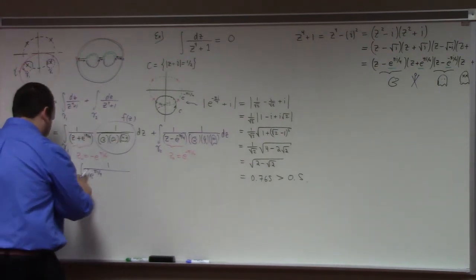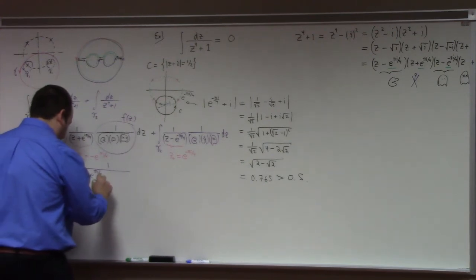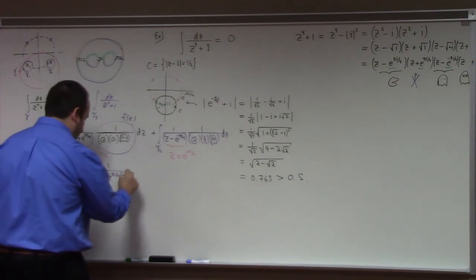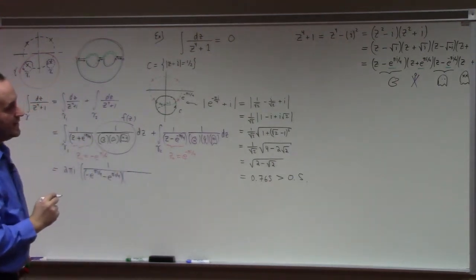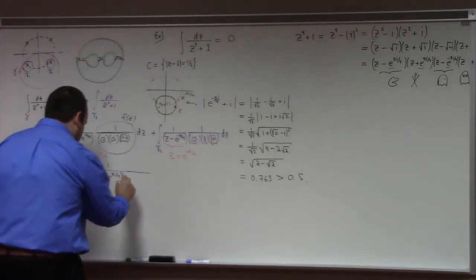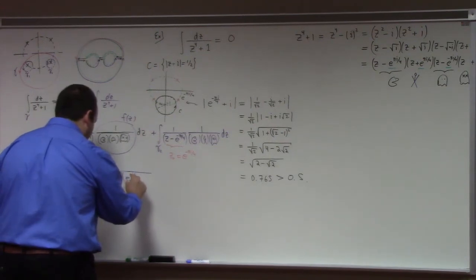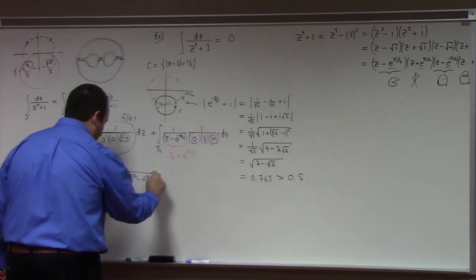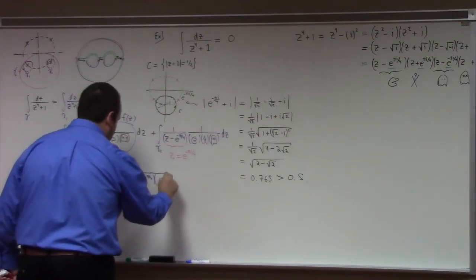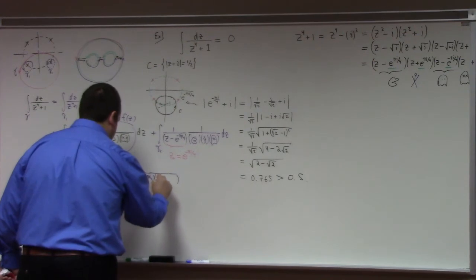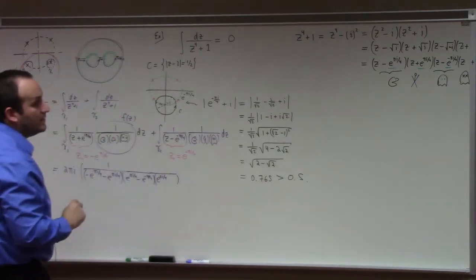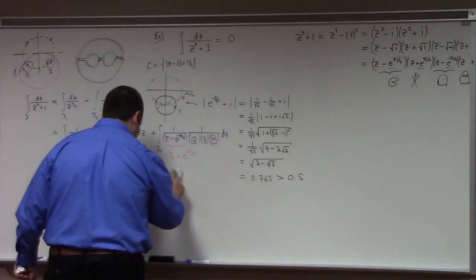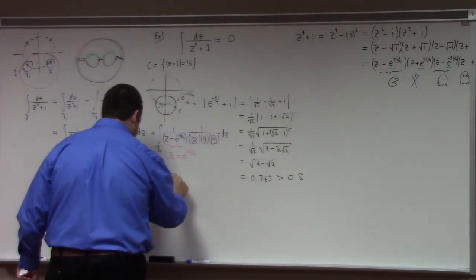Yep. That's the Pac-Man term. Ghost term, I get e to the pi i over 4 minus e to the minus pi i over 4. What's dead ghost? e to the pi i over 4 plus e to the minus pi i over 4, right?